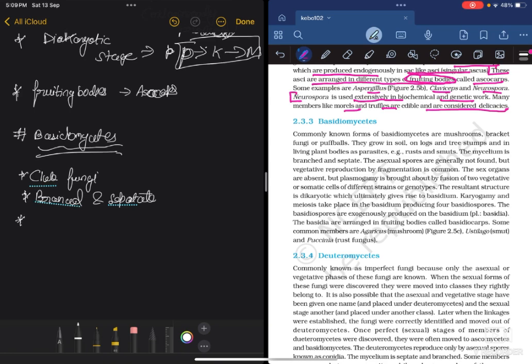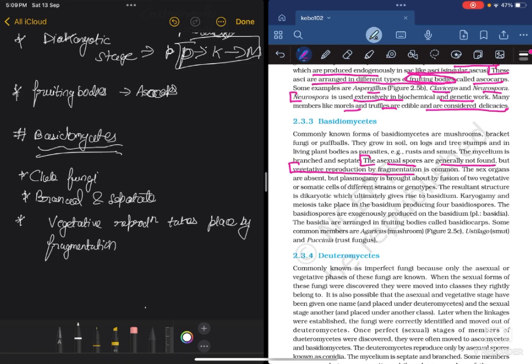Here asexual spores are absent, and asexual reproduction generally does not occur, but vegetative reproduction takes place by fragmentation. Sorry if I have made any mistake there.